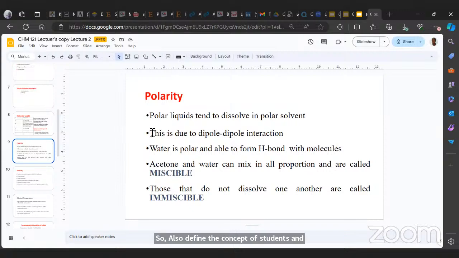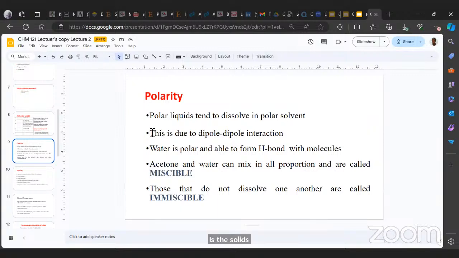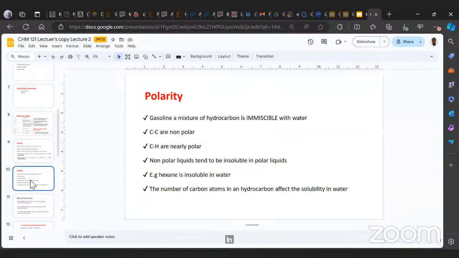In a mixture, the substance that is more is the solvent, and the substance that is less is the solute. And so we said polar solutes will dissolve completely in polar solvents, and non-polar substances will dissolve better in non-polar solvents.